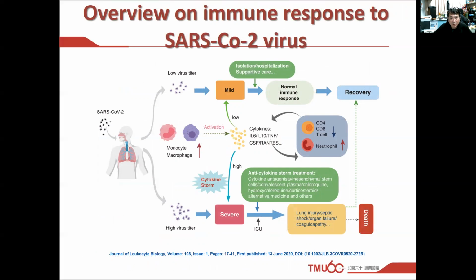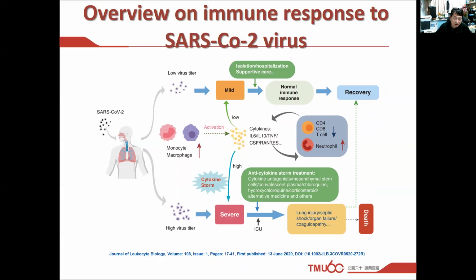So in the end, I will summarize my whole presentation regarding COVID-19, this disease. After an infection, the patient suffering with the SARS-CoV-2 virus gets infected. Some people have no symptoms and later develop antibodies in their body.